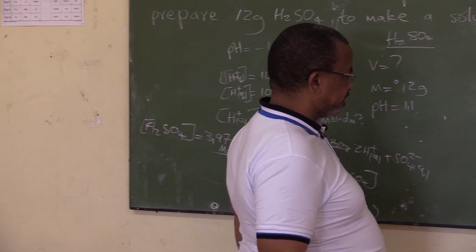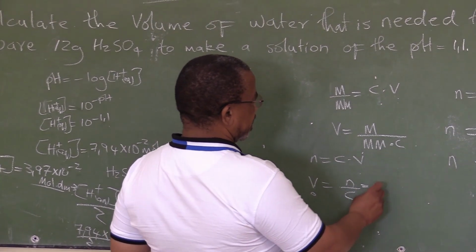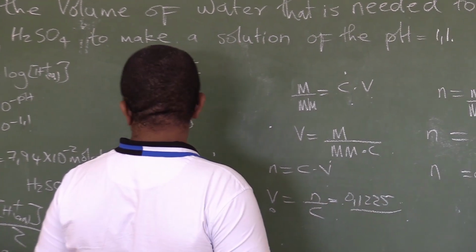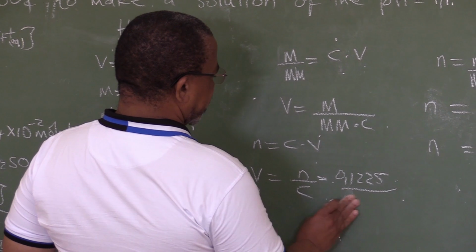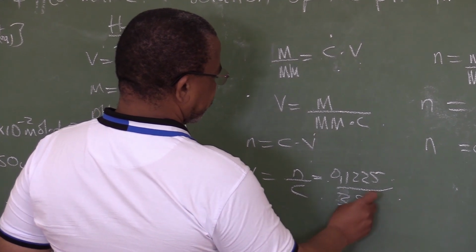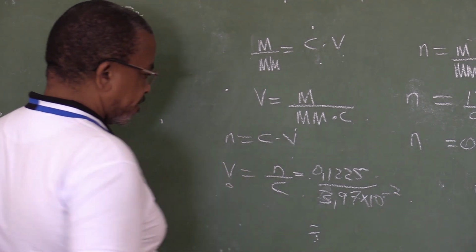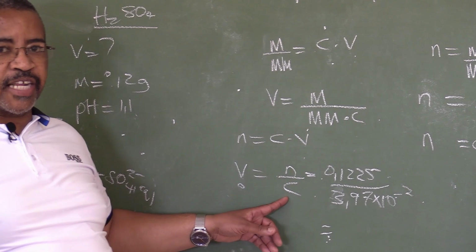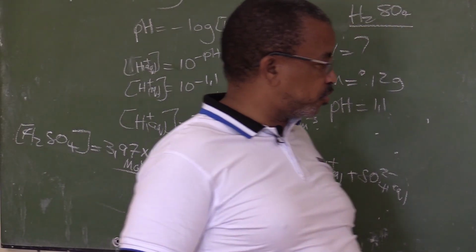Now we are finishing. Volume: the number of moles is 0.1225, and the concentration is 3.97 times 10 to the power minus 2.